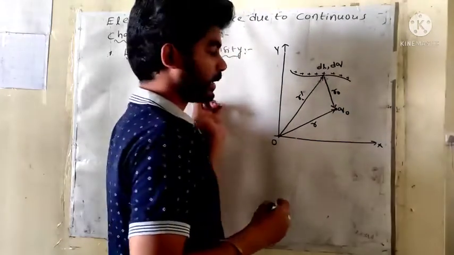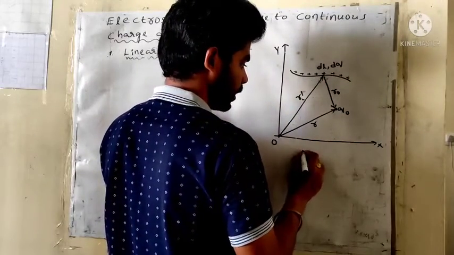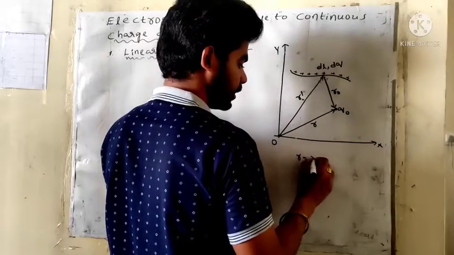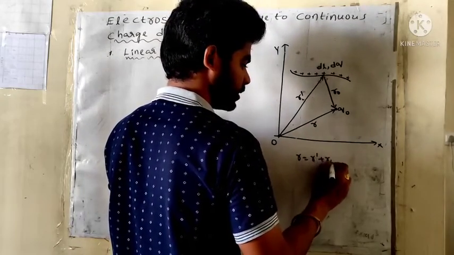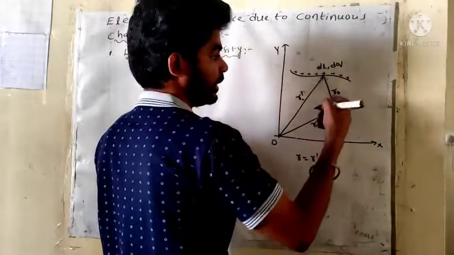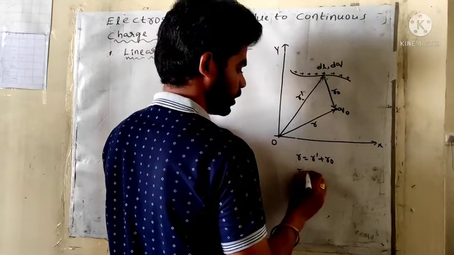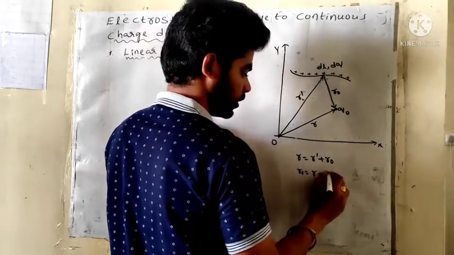Applying the triangle method, r is equal to r dash plus r naught. But I need r naught, so r naught is equal to r minus r dash.